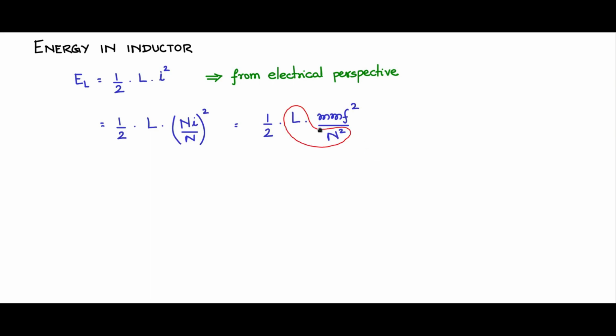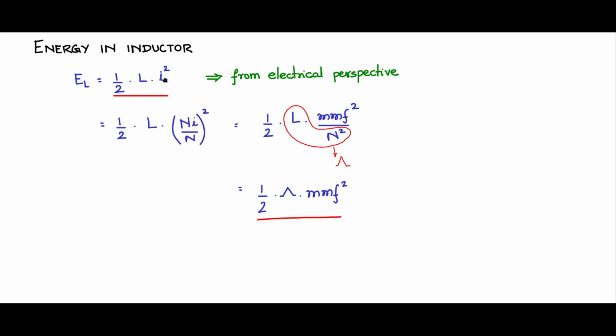Now what is L by N square? L by N square is nothing but permeance, because we know that L is equal to permeance into N square. So this is nothing but permeance. So we can write half permeance into MMF square. So this is the magnetic perspective for the energy in the inductor, half permeance MMF square.